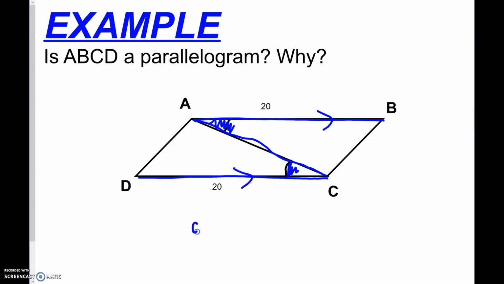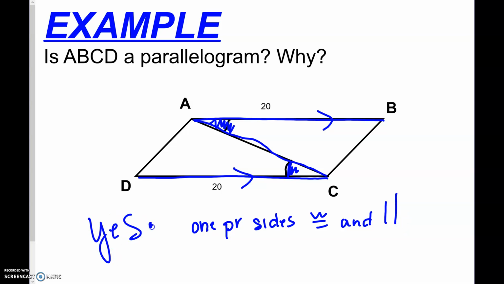So do we have one pair of sides congruent and parallel? So yes, this is a parallelogram. Why? Because we have one pair of sides that are both congruent and parallel.